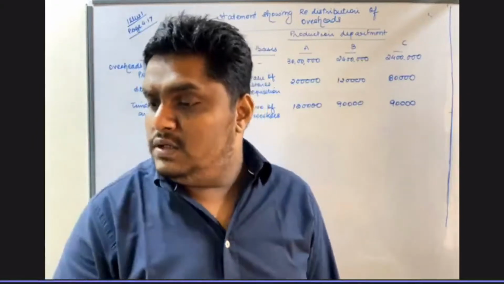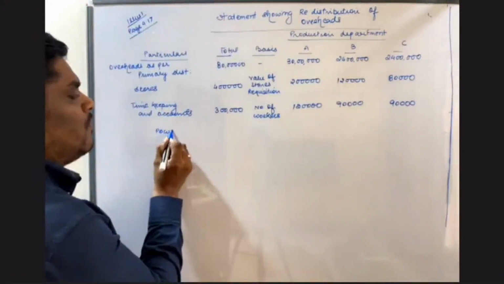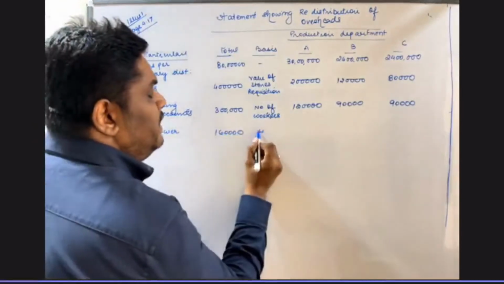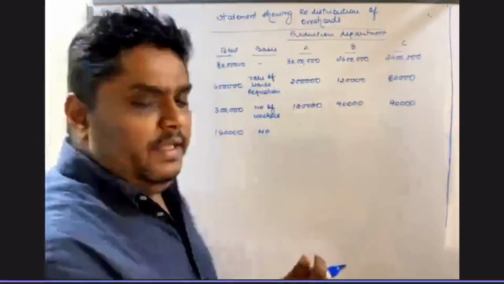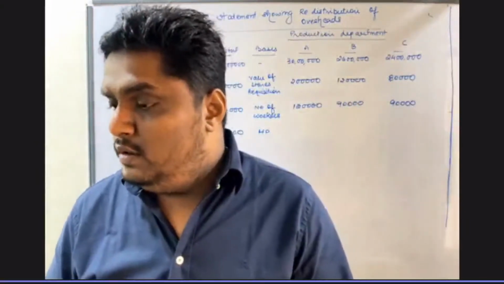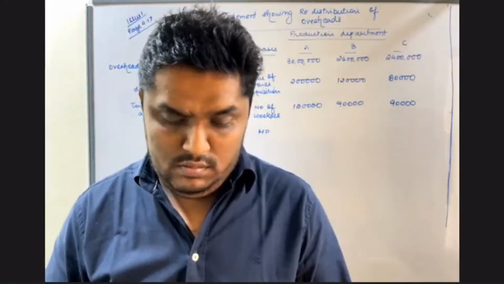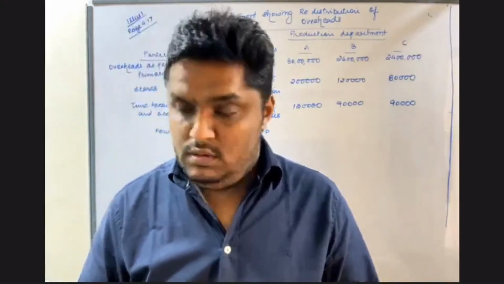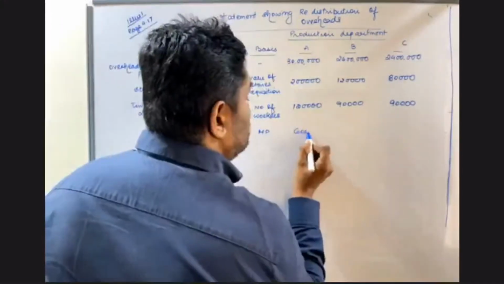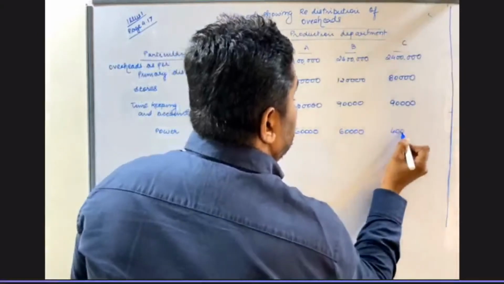Thereafter power, the cost is total 1,60,000. It will be distributed in the ratio of horsepower of machinery, and that is given 300, 300 and 200. So this will be 60, 60 and 40.